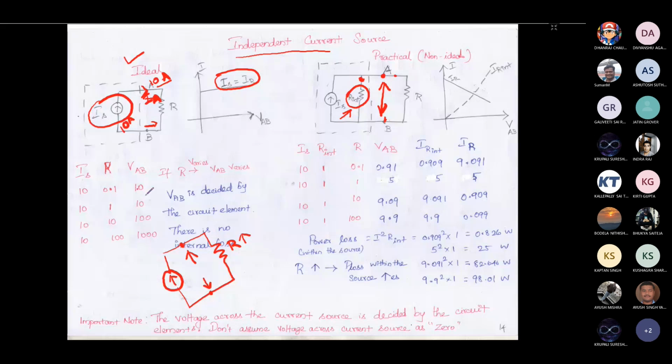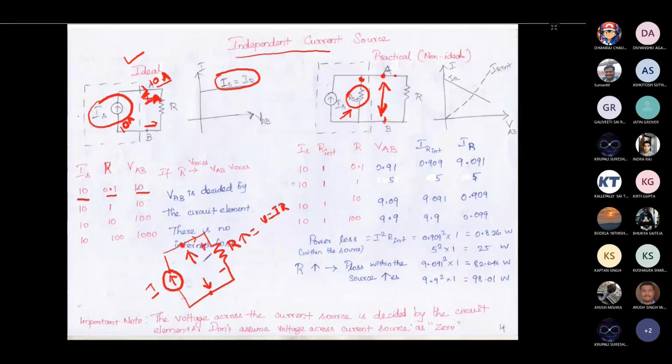First they considered Is equal to 10 and R equal to 0.1 ohm. For that the voltage is I into R, that is 1 volt. The voltage across this resistor is V equal to I into R. I is already given, and this current flows through this path.